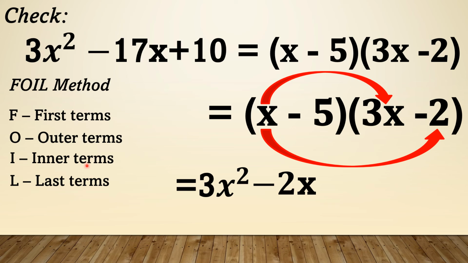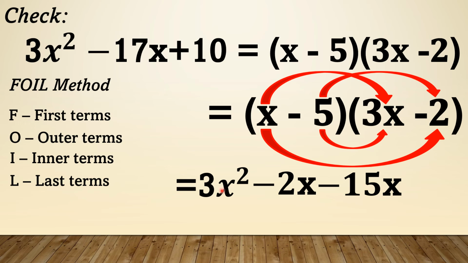Next, we have the inner terms. Negative 5 times 3x. The product is negative 15x. And the last terms, negative 5 times negative 2, the product is positive 10. Again, we have here like terms.